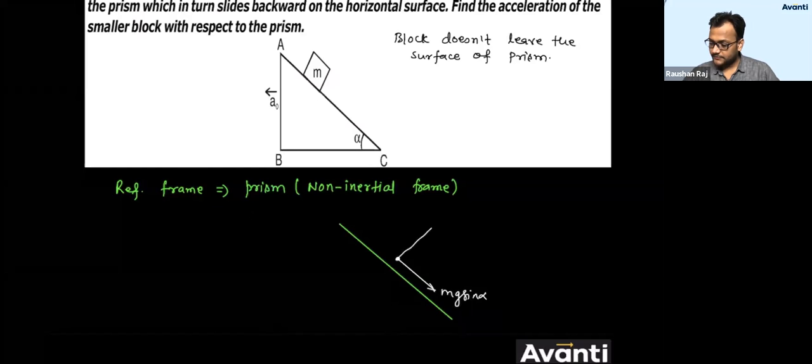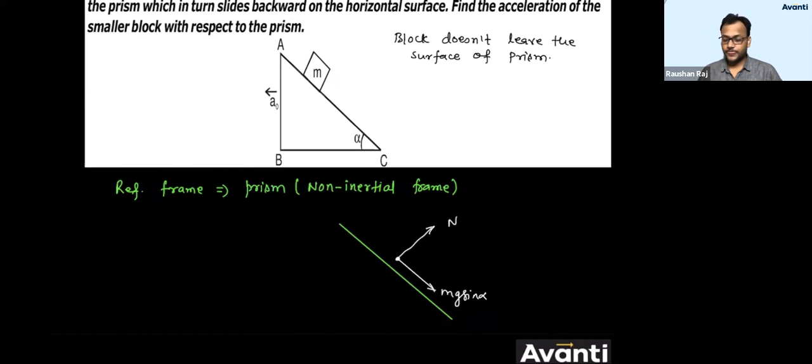Perpendicular to the plane there will be the normal, and the component mg cos alpha.